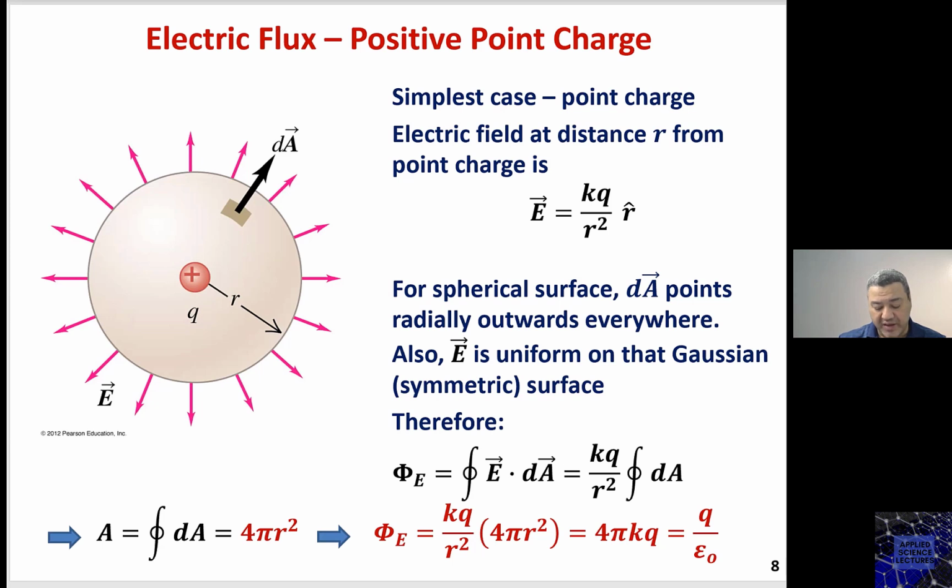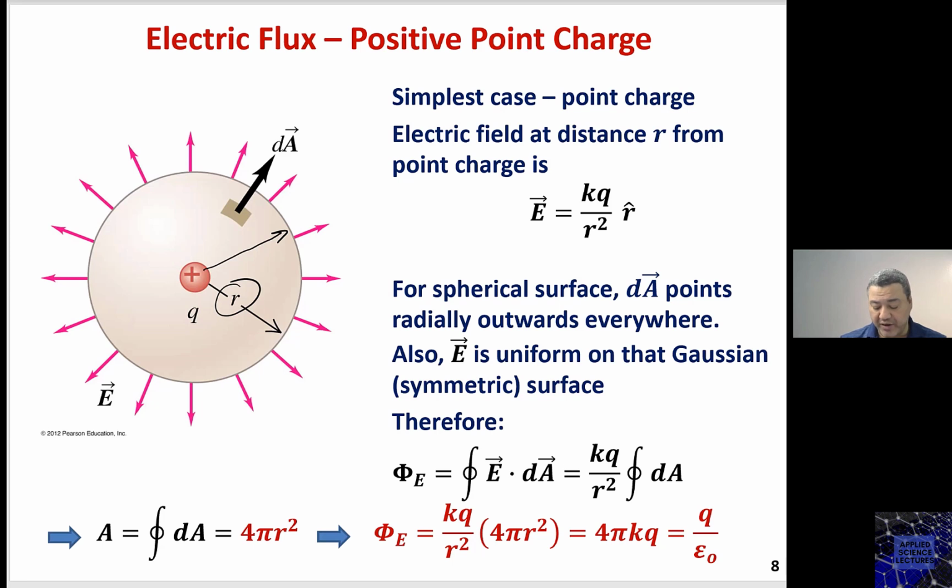Then this sphere has a radius r, which means that if I take a sphere for this point charge, then at the same distance r, the electric field will be the same in magnitude, with the same direction pointing away, which in this case agrees with the direction of the area vector, as we see here.